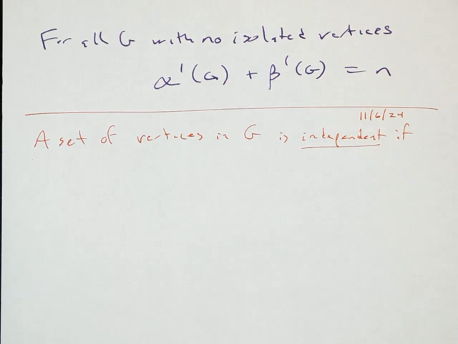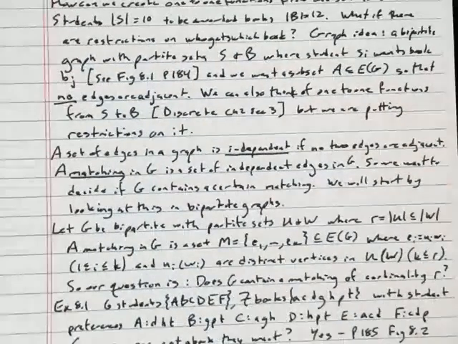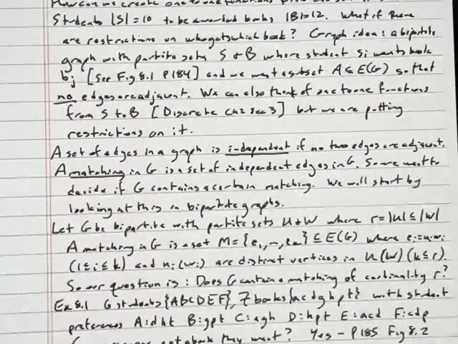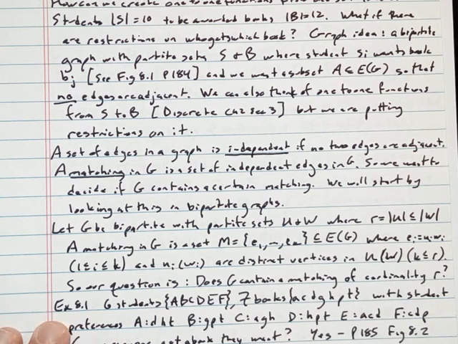Oh, the definition is right there on the previous page of notes. Two edges are independent if they're not adjacent. They're not connected to the same vertex.